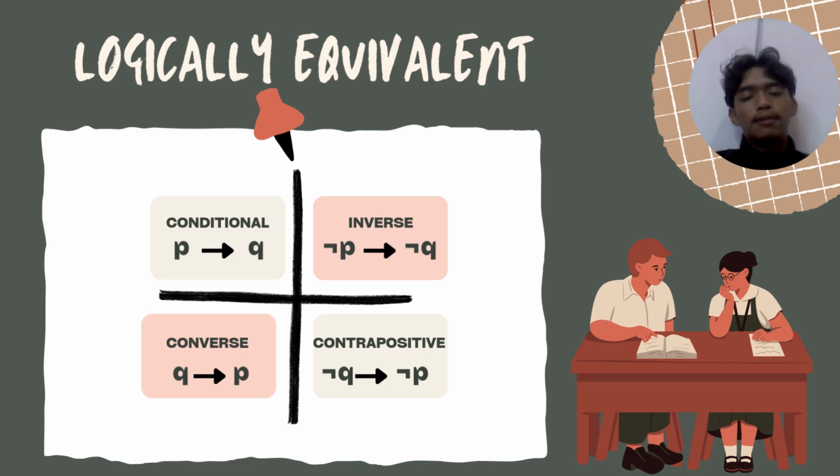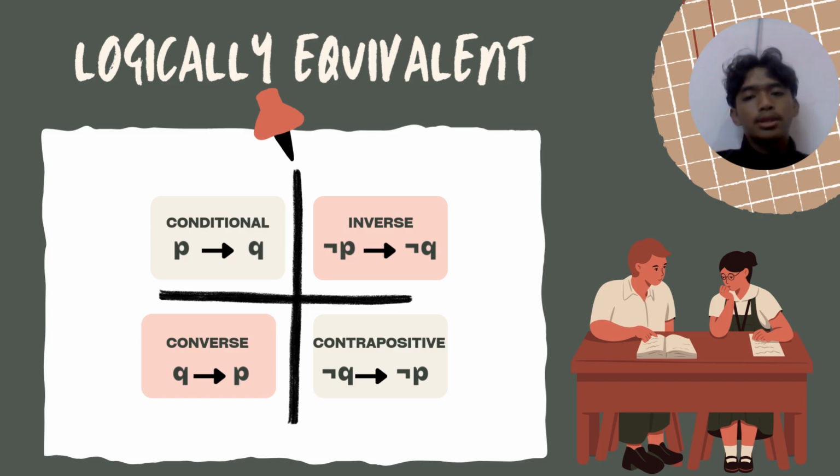The first one is inverse. For inverse, we just need to put negations on both sides, because inverse is most likely the negative of the conditional. So the answer will become negation P, negation Q.